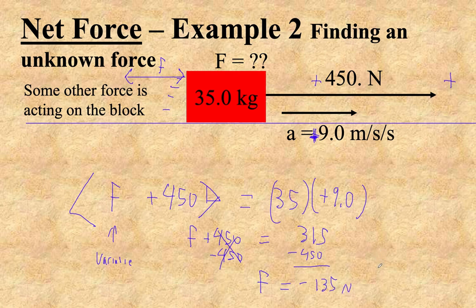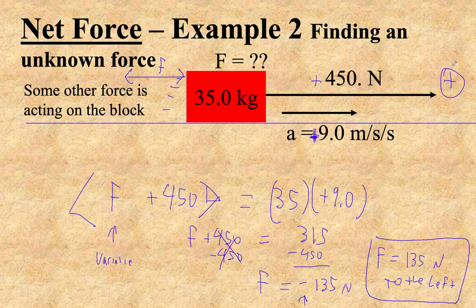So the force is 135 newtons to the left. Ta-da. The fact that it came out negative is what makes it to the left. We made to the right positive, and if the force comes out negative, or if an acceleration comes out negative, then that means it's to the left. That's the trick. That's all we have to do.